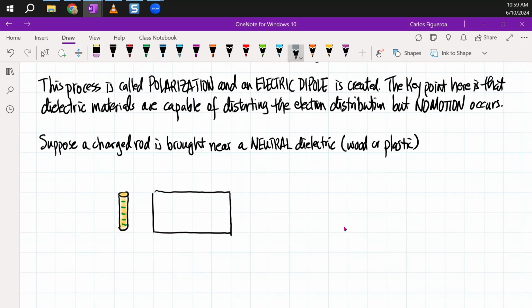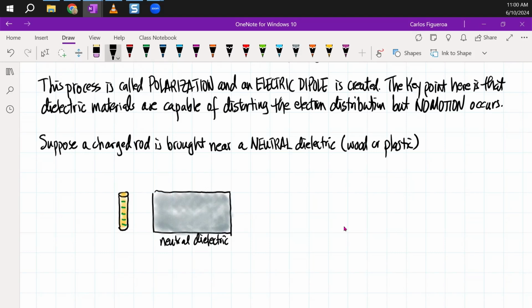And so look how I'm drawing my gray here, because in my mind, I'm thinking concrete, and it's not going to let these atoms move here. So this guy is a neutral dielectric.